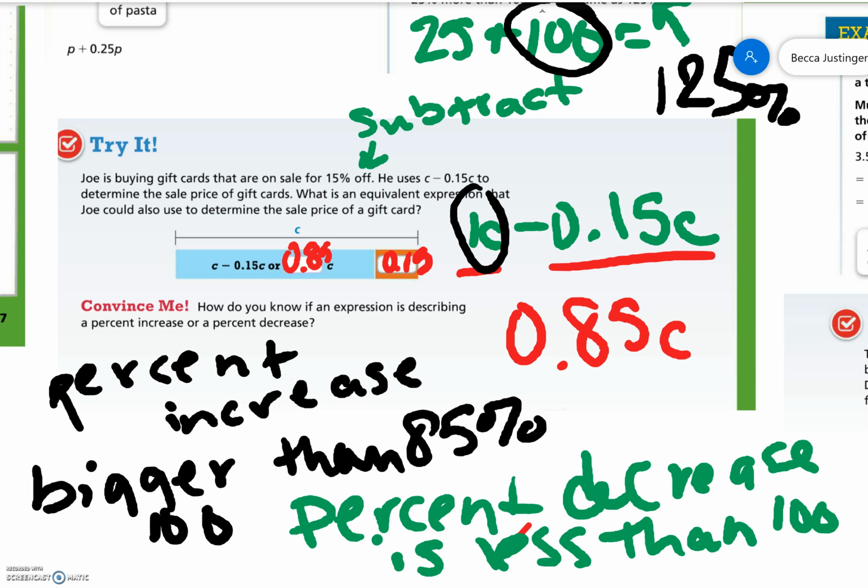So if I said 67%, we would know it was a decrease. If I said 115%, you would know it's an increase just by telling if it's bigger or smaller than 100%.